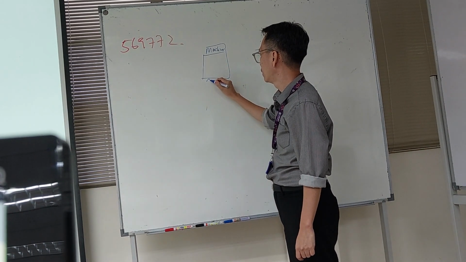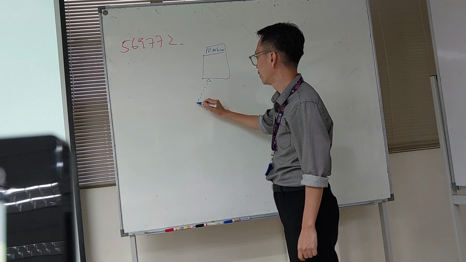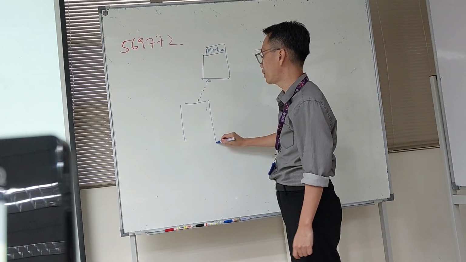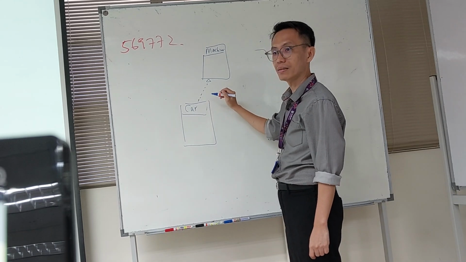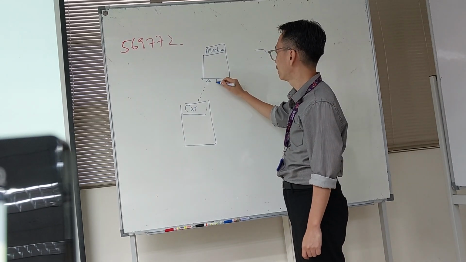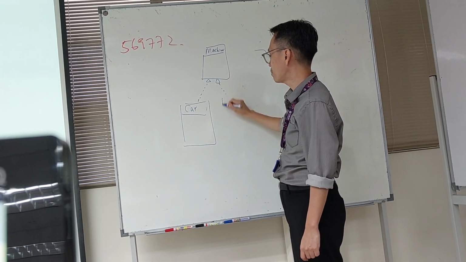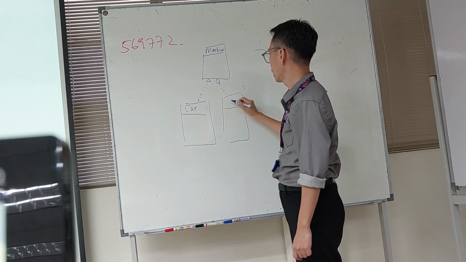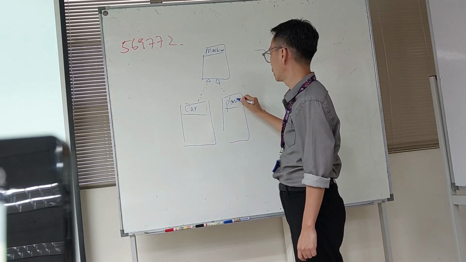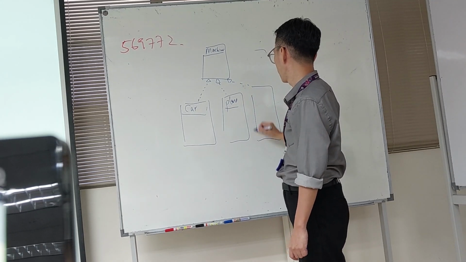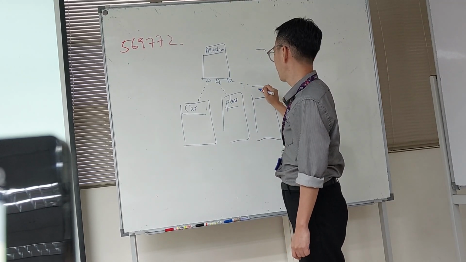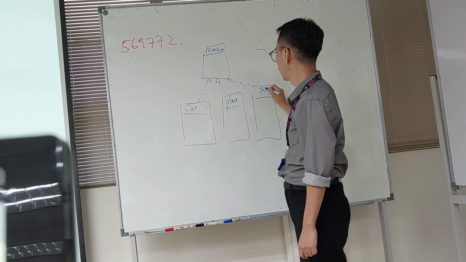Machine, right? Realize or implement. Realize is a dotted line, isn't it? Plane. And ship.